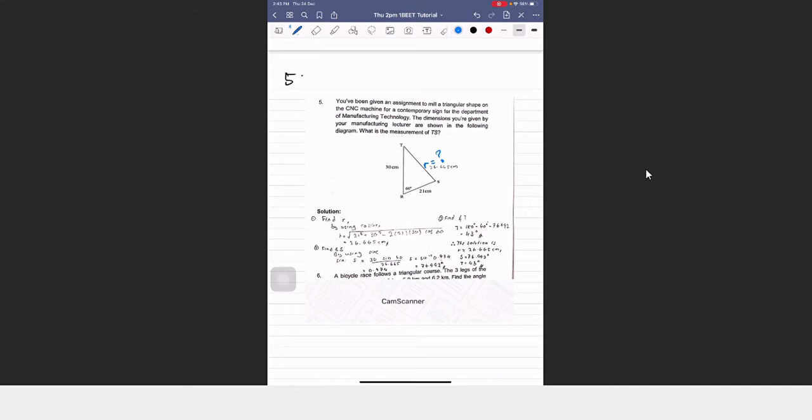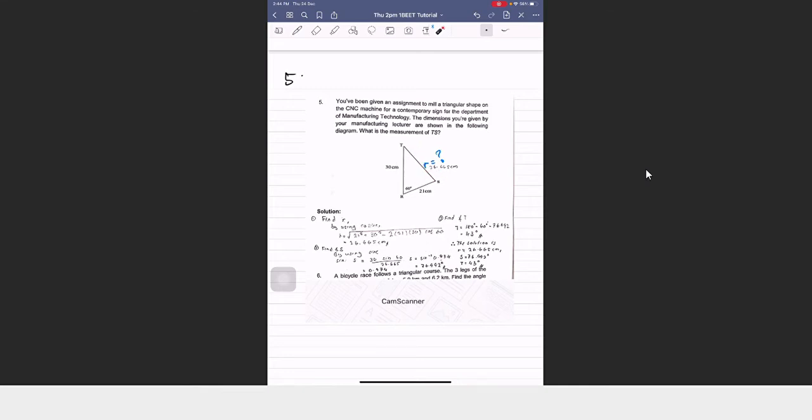When it comes to application questions, of course, the question will state what they want you to find, like this one: what is the measurement of TS? That's all they want in the question. They are not saying solve the triangle, like what we did.